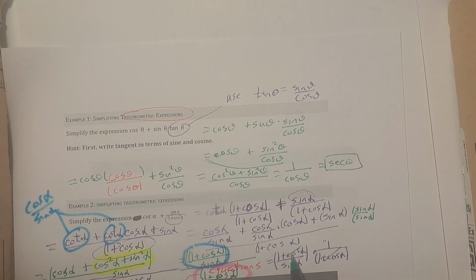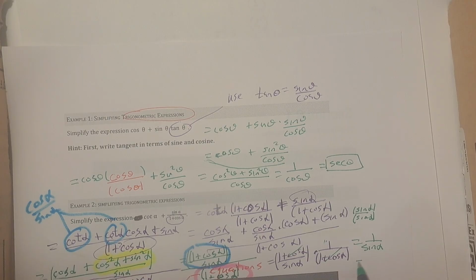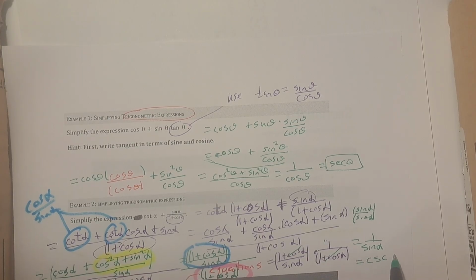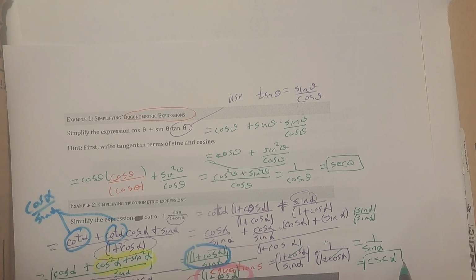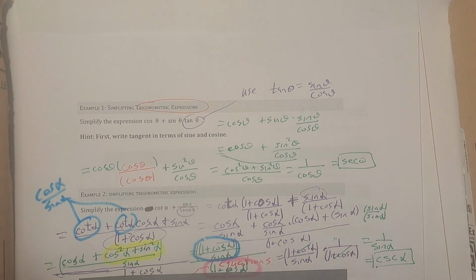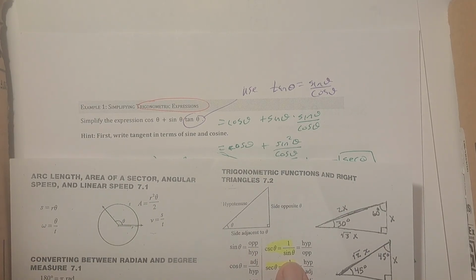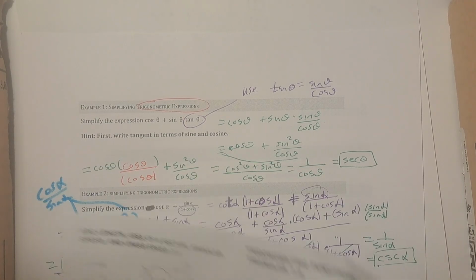But I already had one of these guys in the numerator, so they'll cancel out and you just get 1 over sine of alpha. And 1 over sine of alpha is the same thing as cosecant alpha. So the answer to this one is cosecant alpha, because we just used that 1 over sine of alpha is cosecant alpha.